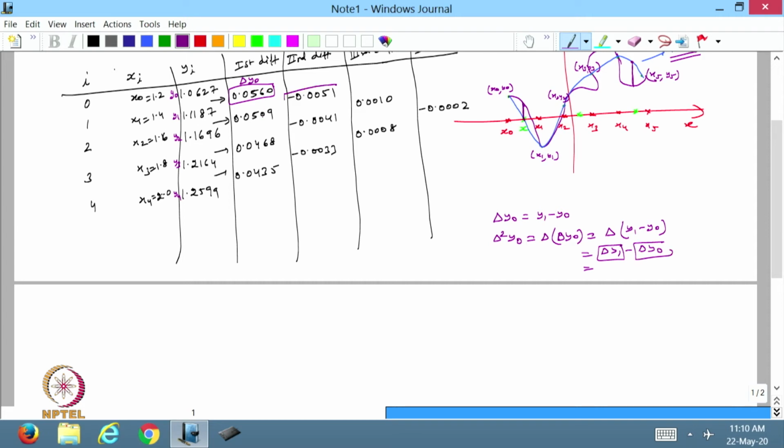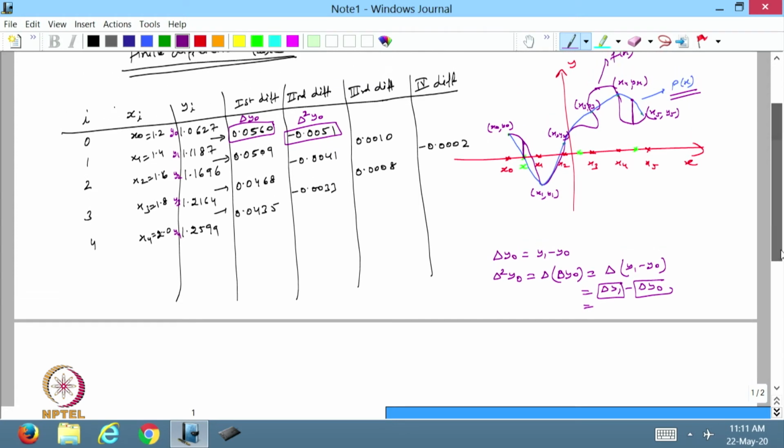So, from here you can see that this is the second order forward finite difference operator, and in a similar way this value is del cube y0, and this is del 4 y0. So, the values on the top give me the first forward difference, second forward difference, third forward difference and the fourth forward difference.